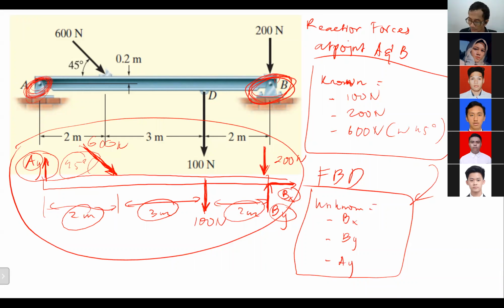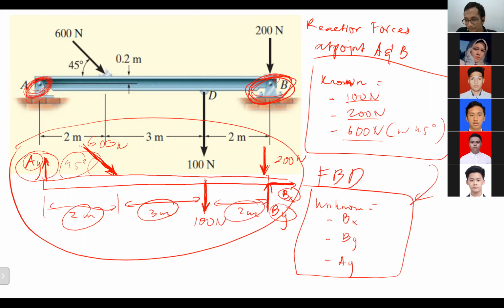So we're supposed to solve for Bx, By, and Ay. But we know all the data here: 100 newtons, 200 newtons and 600 newtons and all the directions. And we know all the distances and all the angles.